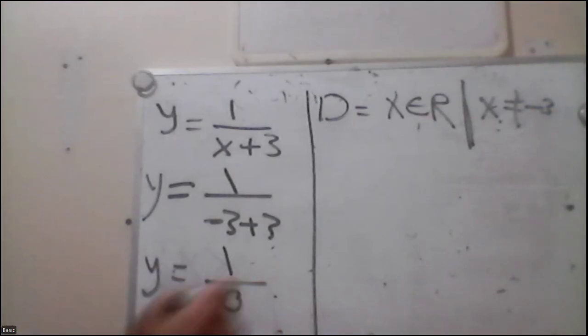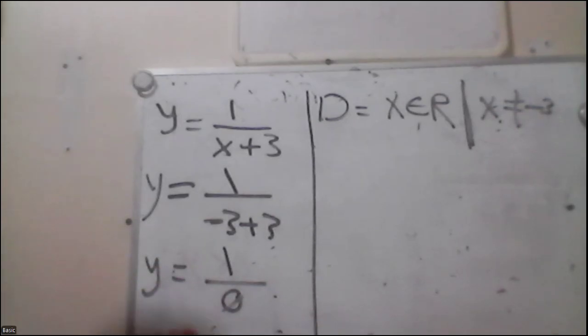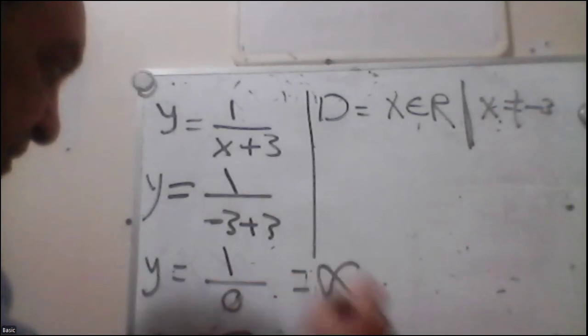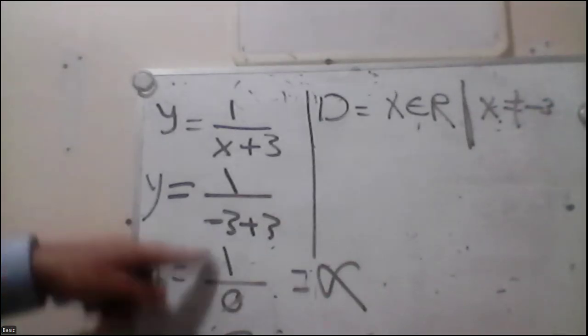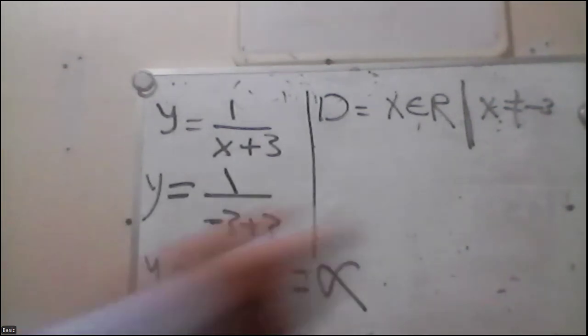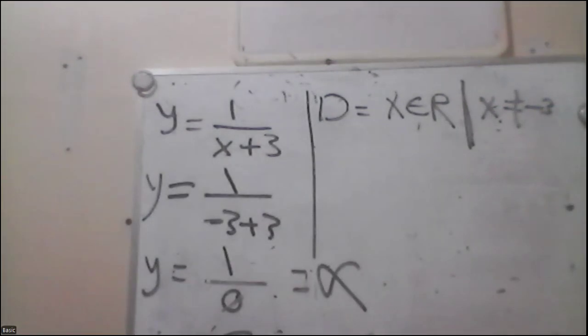I know from the math that if I divide any number by 0, that will give me infinite, which means no solution. For that reason, x will never equal minus 3.